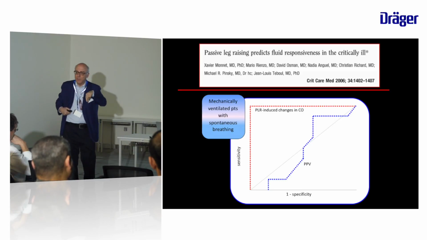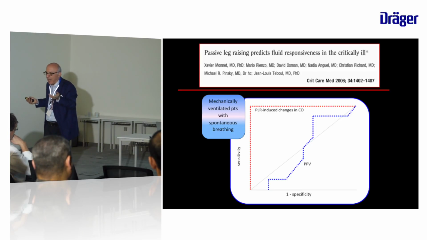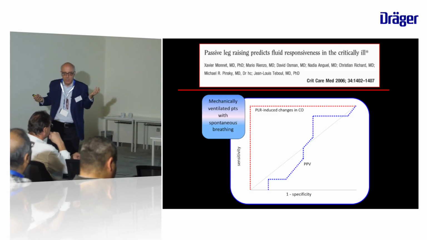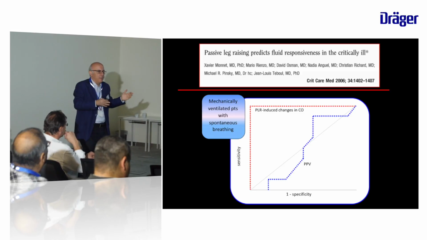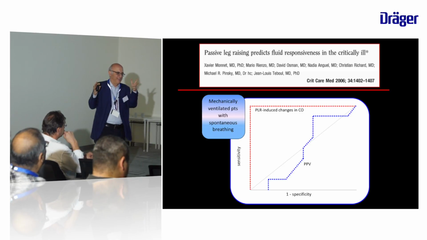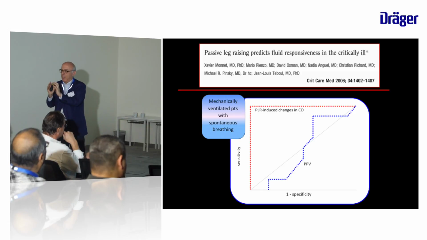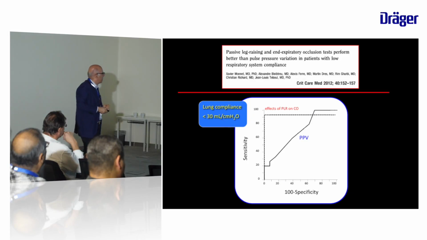If you have spontaneous breathing, the only chance that you have is to do the leg raising. If you have arrhythmia, you are in trouble. This, I think, briefly summarizes all these very complicated issues.